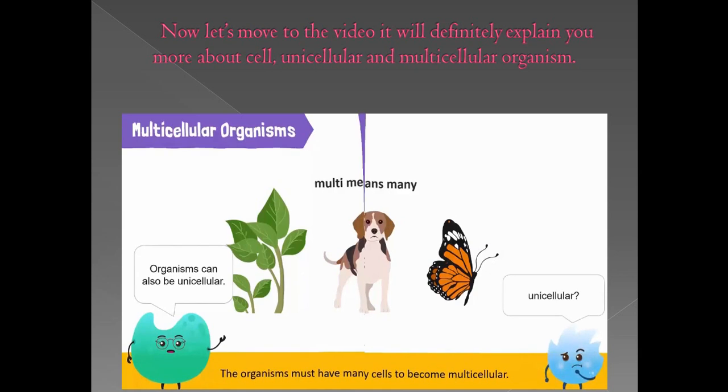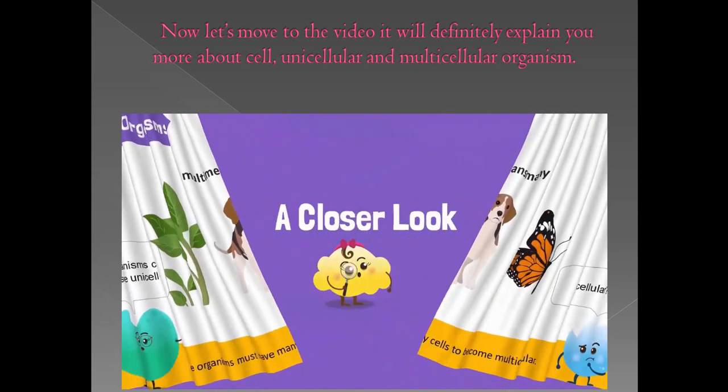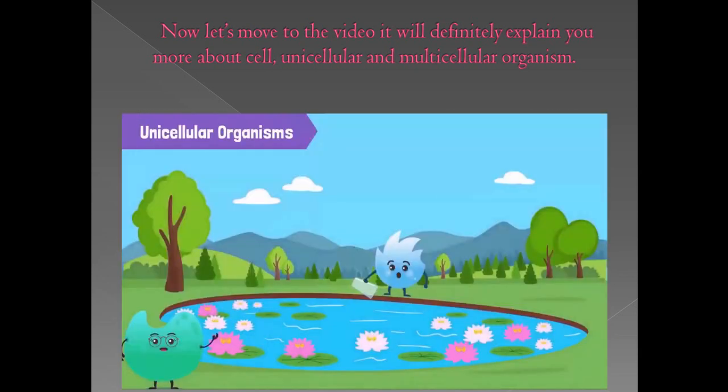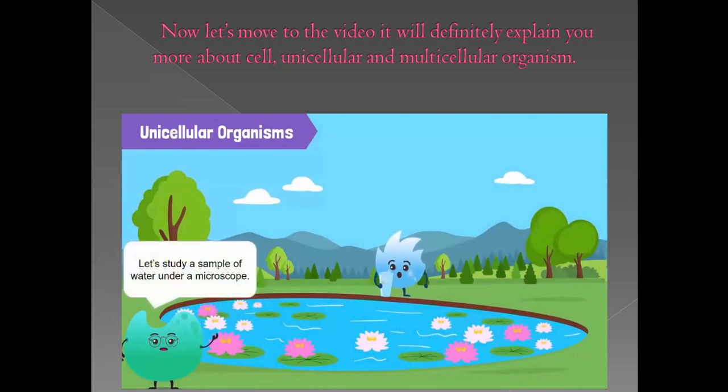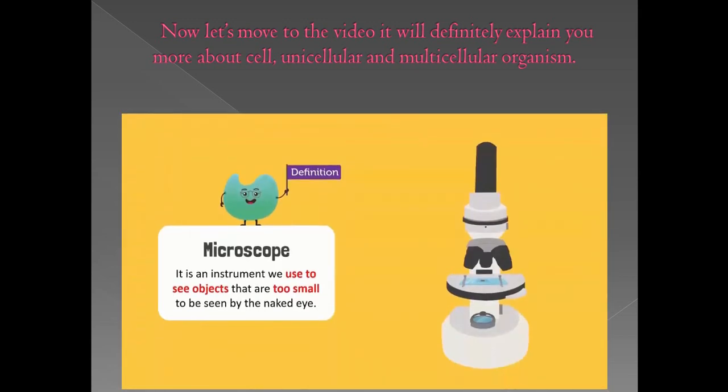Unicellular? Let's take a closer look. Why don't you get some water from the pond so we study it under a microscope? What's a microscope? It's an instrument we use to see objects that are too small to be seen by the naked eye.